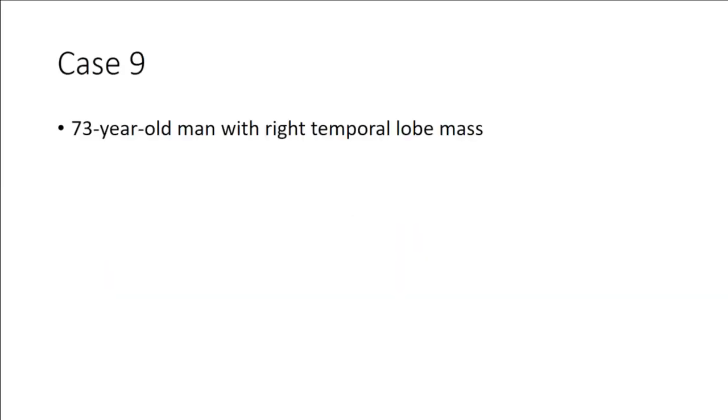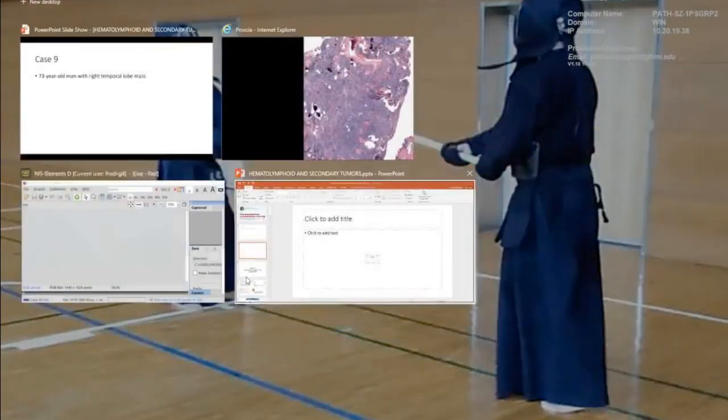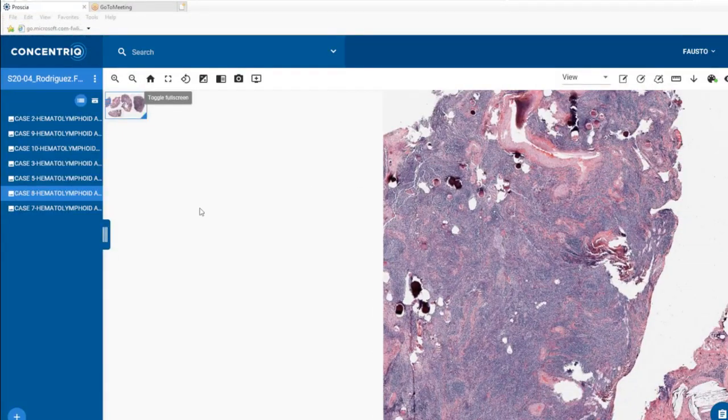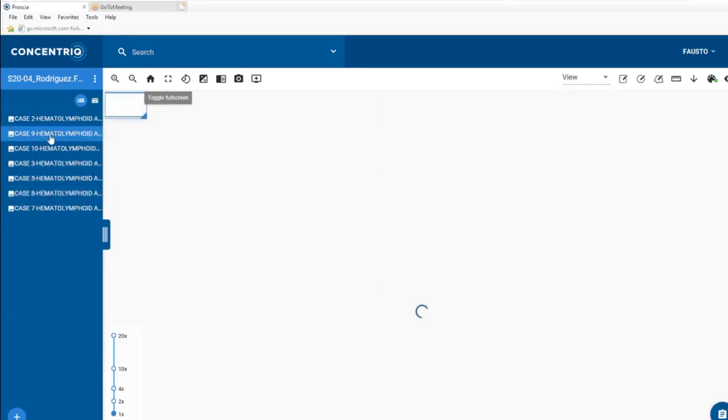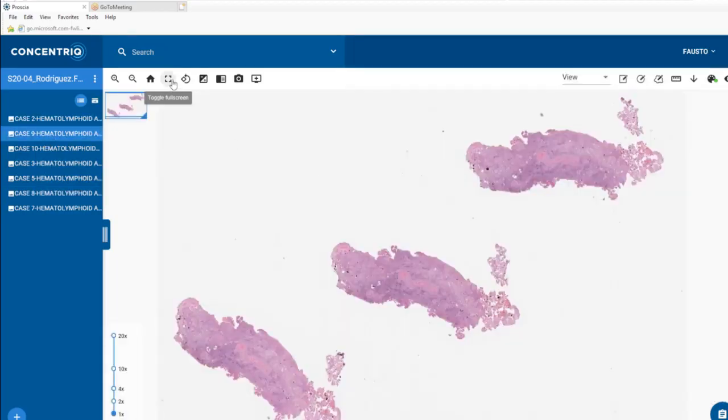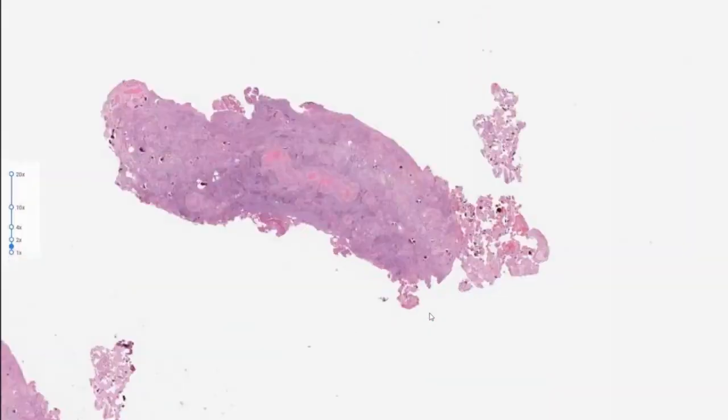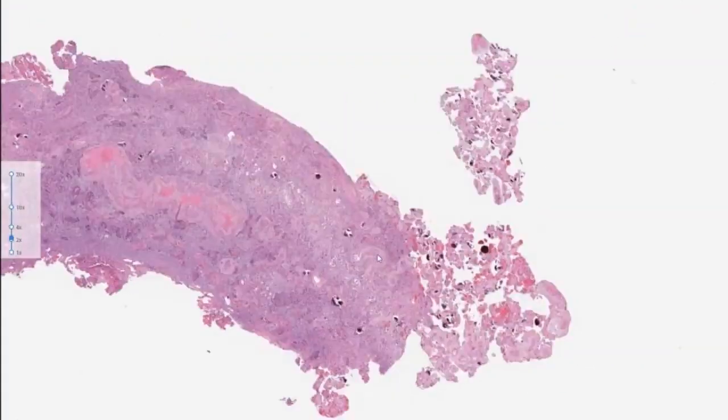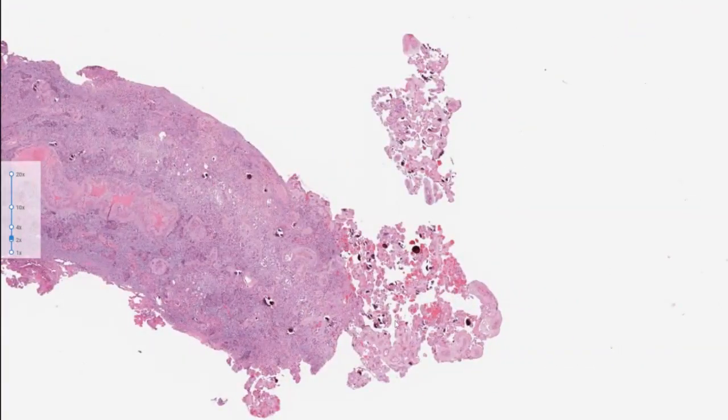Case number 9 is a 73-year-old man with a right temporal lobe mass. And here you do have normal choroid plexus.